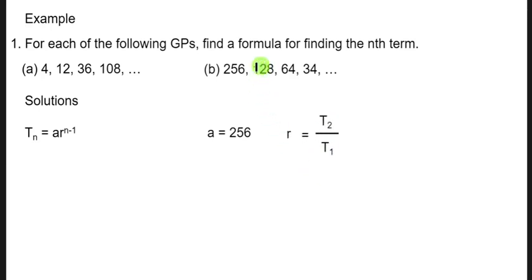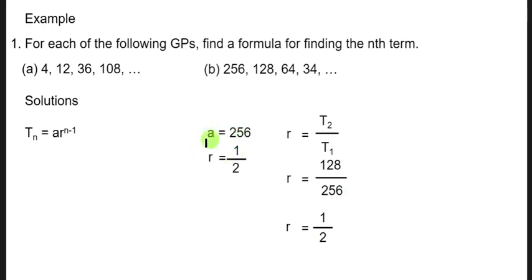So R is equal to 128 divided by 256. If we divide 128 into 128, we get 1, then 128 into 256, which is 2. So R is going to be 1 over 2.